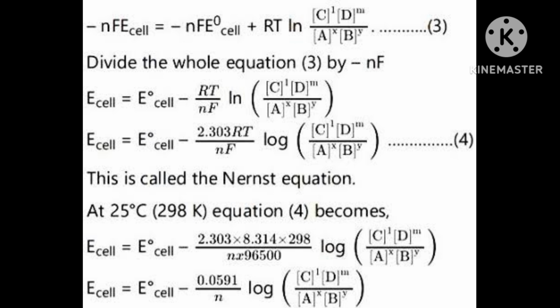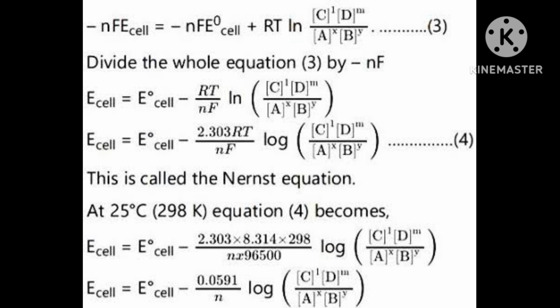Means RT, and because ln is there, you can convert into log by multiplying by 2.303. Down is F, and here n is equal to 2. Magnesium 2+ means n is equal to 2.